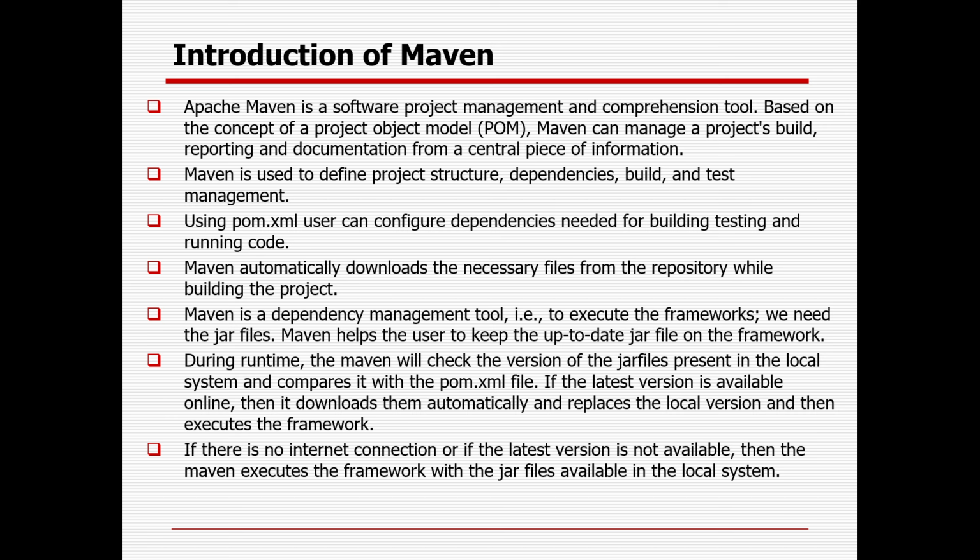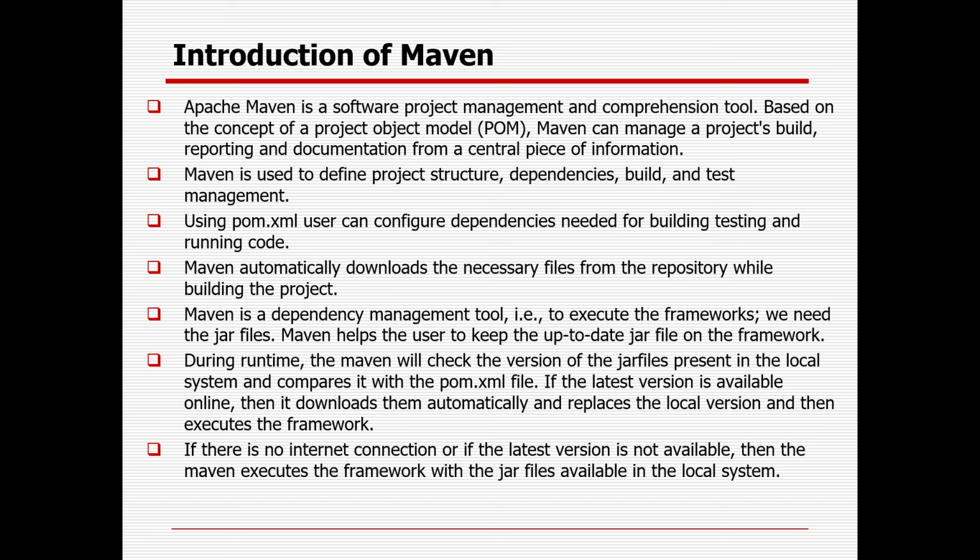Don't confuse it with page object model, which is a design pattern, whereas in Maven the pom.xml file is nothing but the project object model. Maven can manage a project's build, reporting and documentation from a central piece of information. Maven is used to define project structure, dependencies, build and test management.